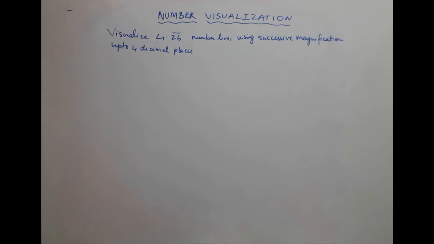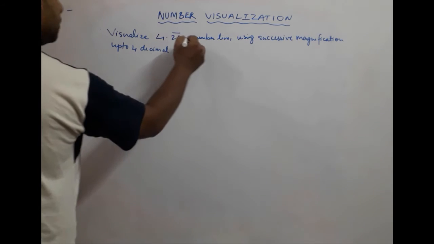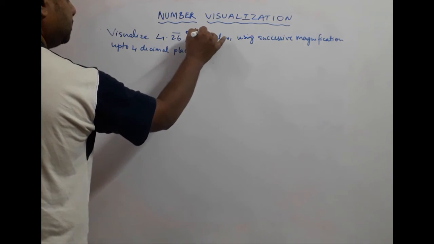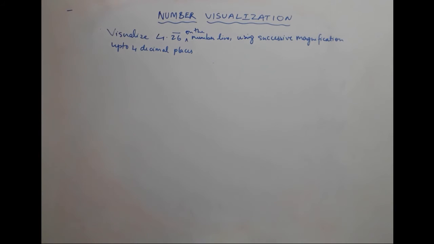Our next question says visualize 4.26 with a bar, which shows that 26 is repeating or recurring. Visualize 4.26 recurring on the number line using successive magnification up to 4 decimal places.